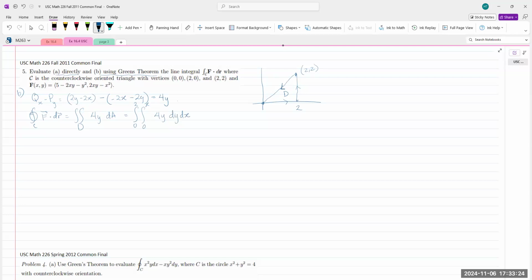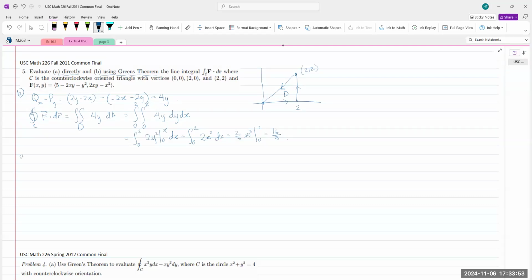That gives us the integral from 0 to 2 of 2y squared from 0 to x dx, which is the integral from 0 to 2 of 2x squared dx. That gives 2/3 x cubed from 0 to 2, which is 16 over 3. That's if we use Green's theorem.